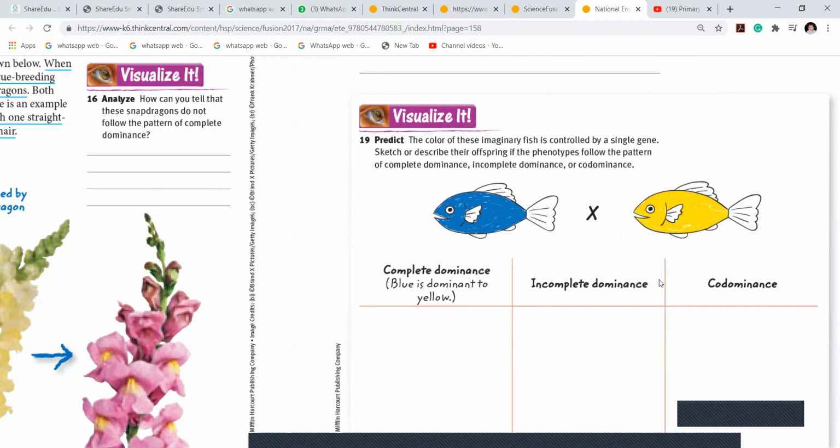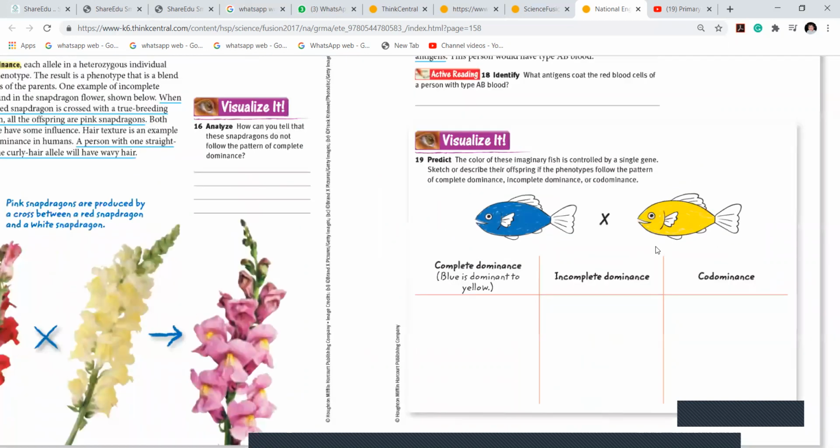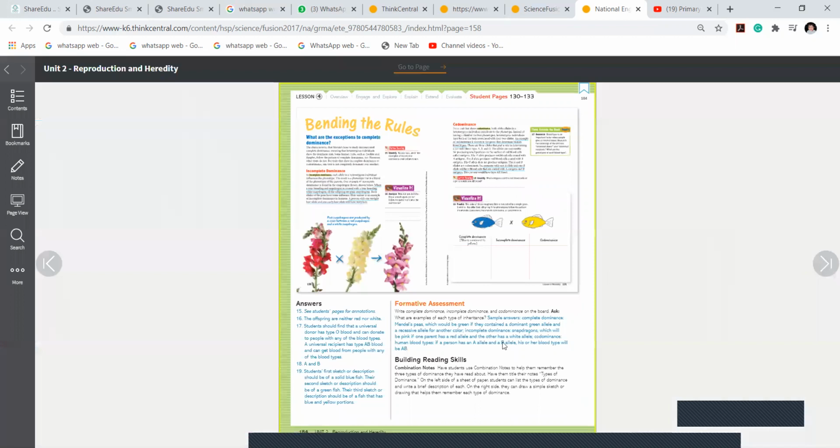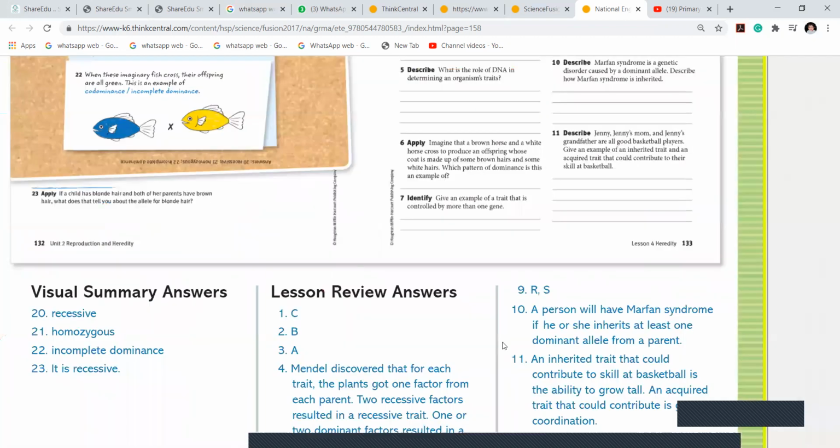Complete, incomplete, or codominance? Where did I draw the green color fish? The green color, incomplete dominant. Very good. It is incomplete dominance. Incomplete dominance gives you a new mixture of color. For example, red and white will give you pink. So that is incomplete dominance.